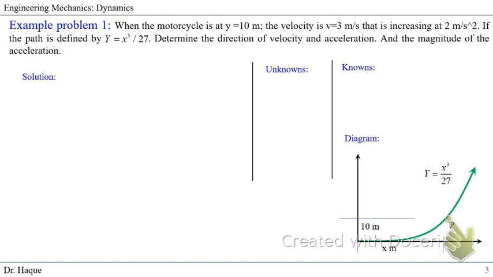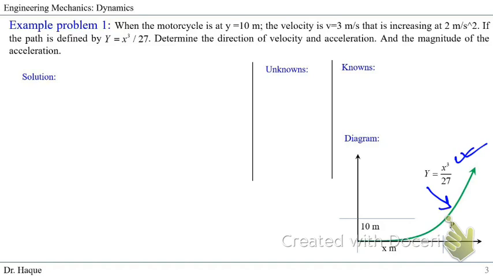When the motorcycle is at 10 meter in y direction, if we see the diagram that we have here, this is the path of the bike. So the motorcycle follows this path.